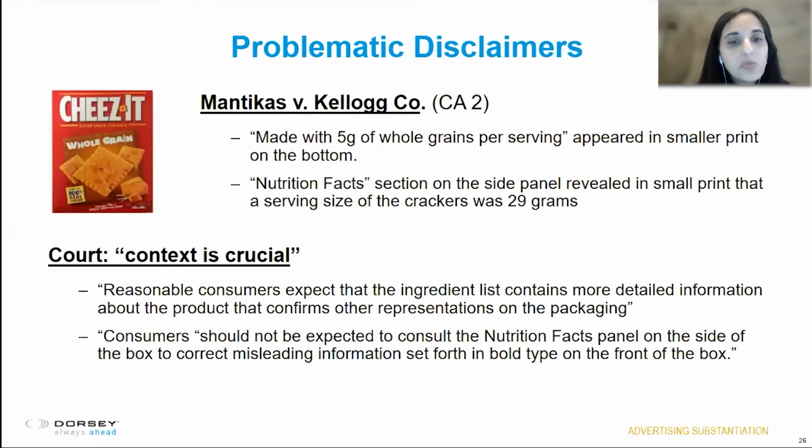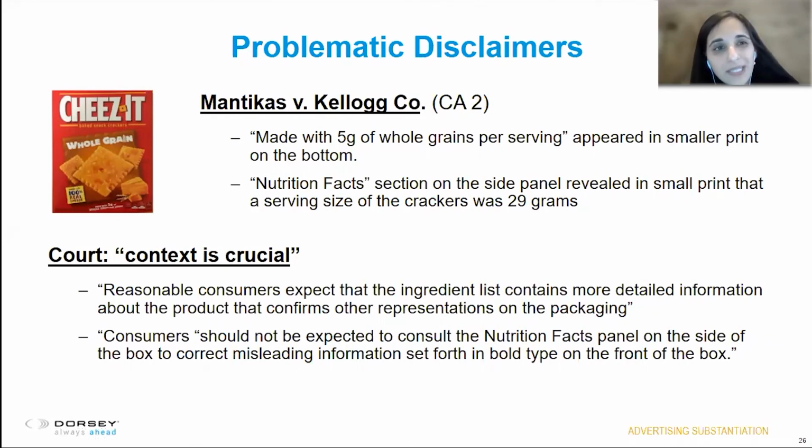Go over this one super quickly. This is a Second Circuit case about problematic disclaimers. The basic takeaway of this case is that you need to have all of the information for your claim. The claim here is whole grain. When you see the box of Chexits, when it says whole grain, you think that it's predominantly whole grain.